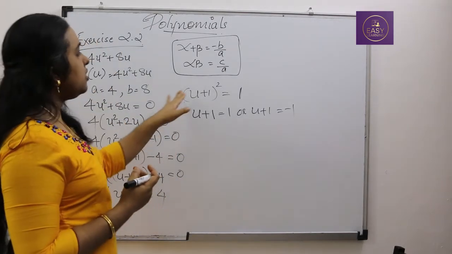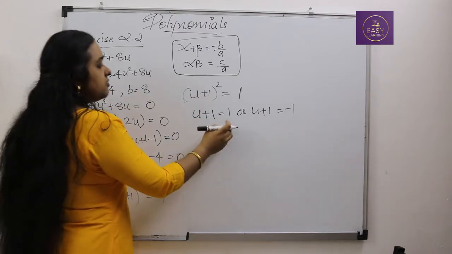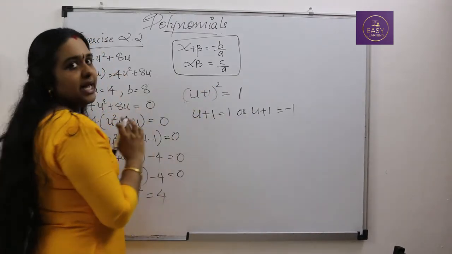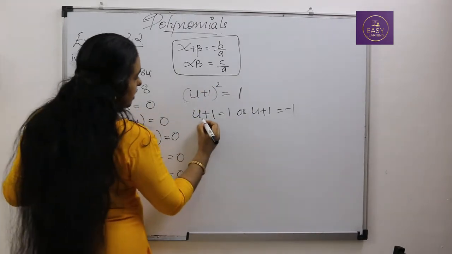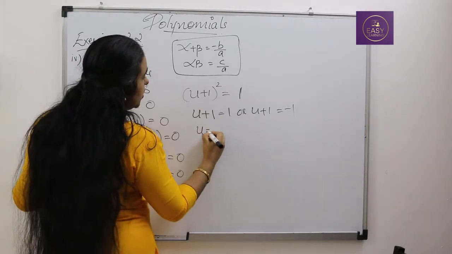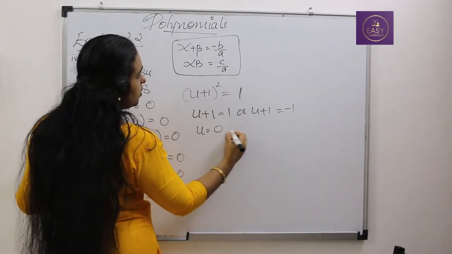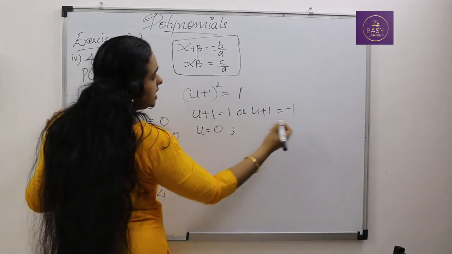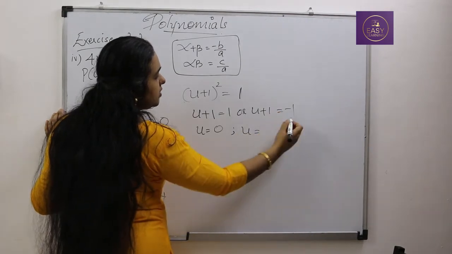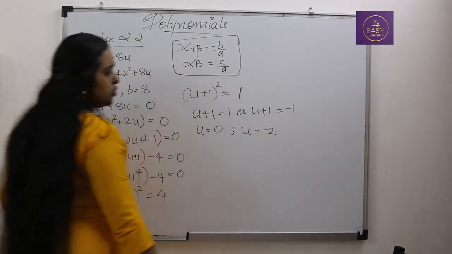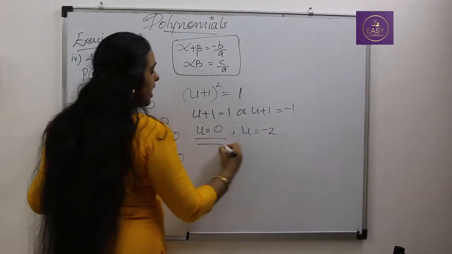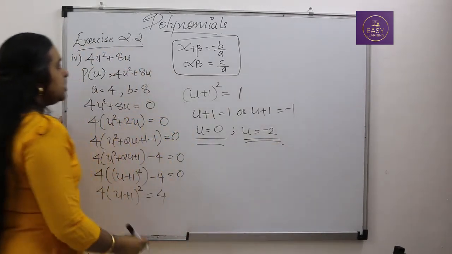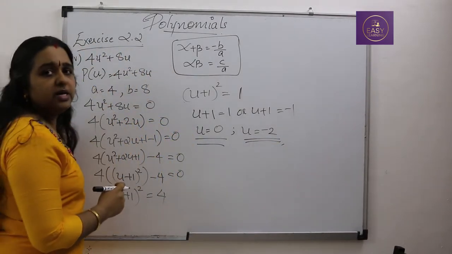If u plus 1 equals 1, then u equals 1 minus 1 is 0. If u plus 1 equals minus 1, then u equals minus 1 minus 1 is minus 2. So these are the two values of u at which our polynomial p of u will become 0.